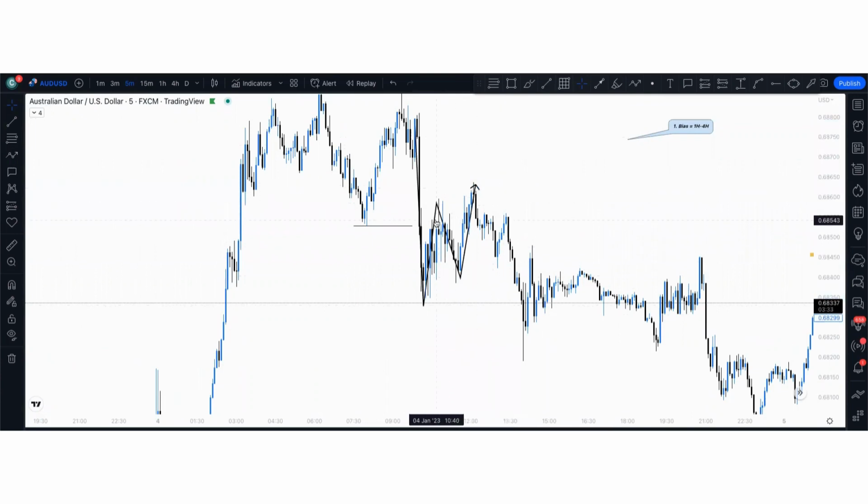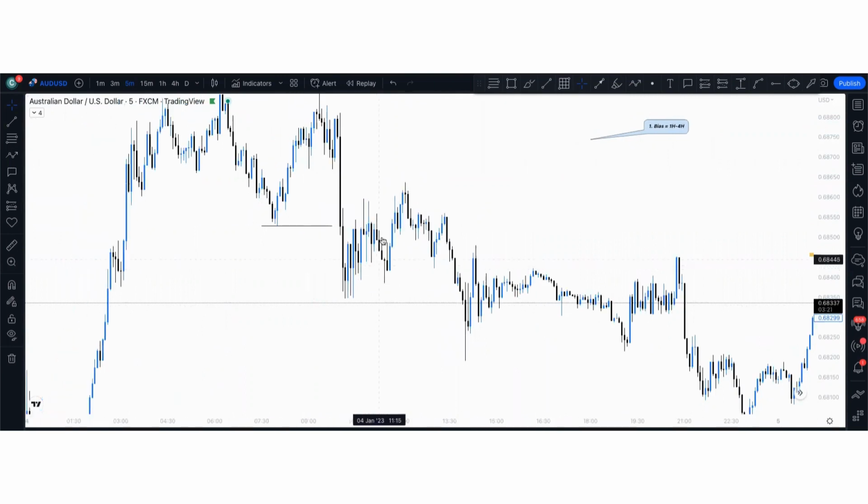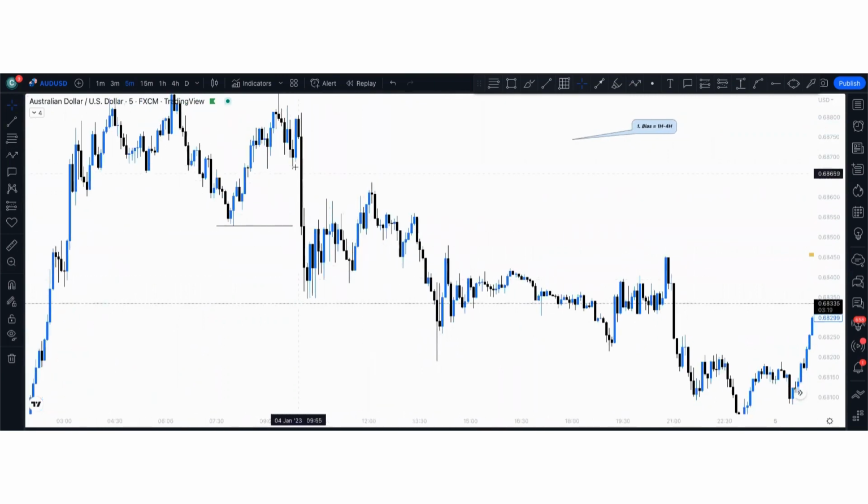As you can see in this one, it didn't really have that bullish momentum where you could say, oh, it's changing its character again from this bearish move to a bullish trend.